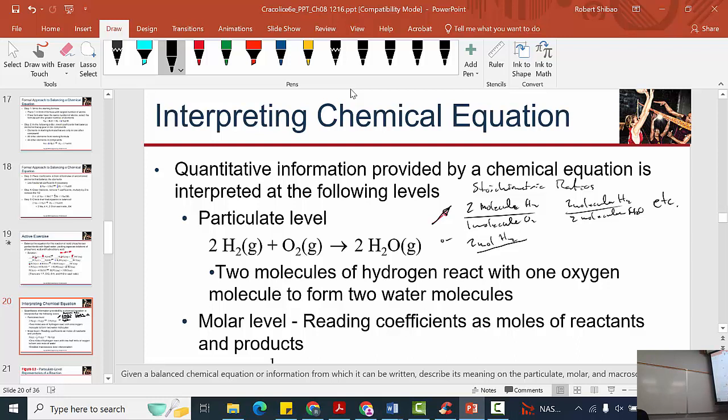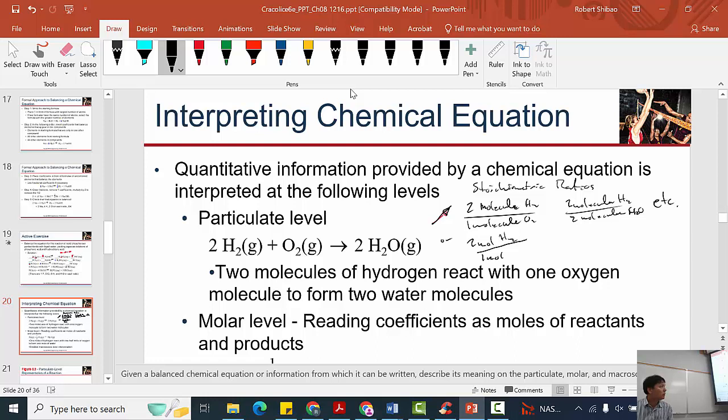So that gives me this stoichiometric ratio here. It's trying to relate these two quantities. Or I could flip it over: there's 1 molecule of oxygen for every 2 molecules of hydrogen. And so we try to relate 2 things or more together, since they're quantity relationships.